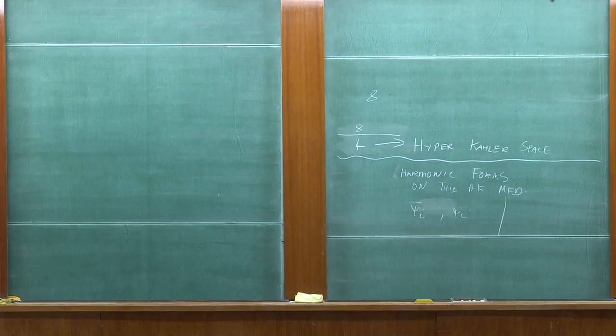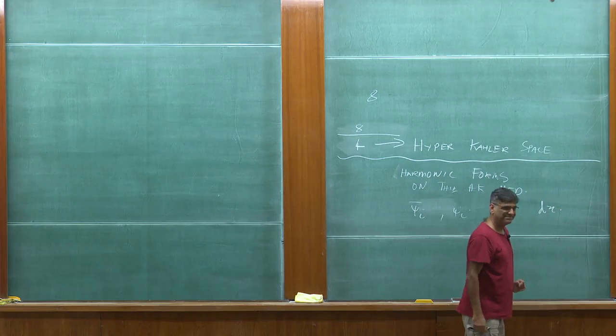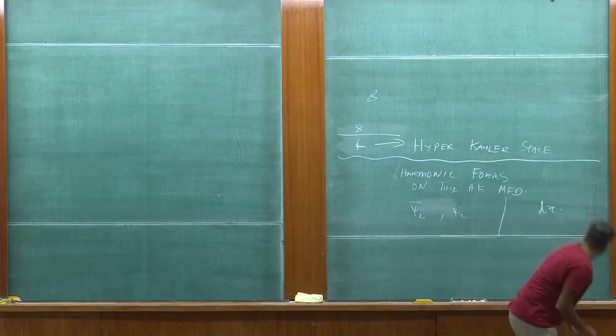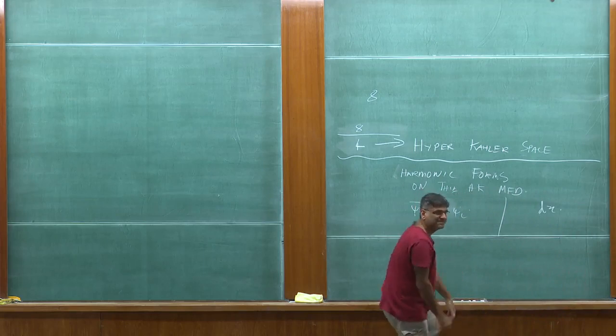Now, if you act with a psi bar, that gives you a dx, some dx with an index. Psi bar is the creation operator.